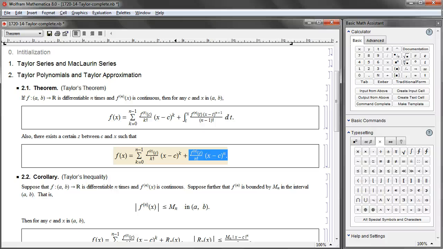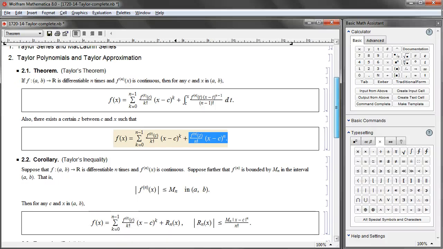Now, what is the absolute value of the remainder? Well, let's suppose that the nth derivative is bounded by a certain capital Mn in the entire interval. Then the absolute value of this remainder is going to be overestimated by Mn times the absolute value of x minus c to the nth power over n factorial.